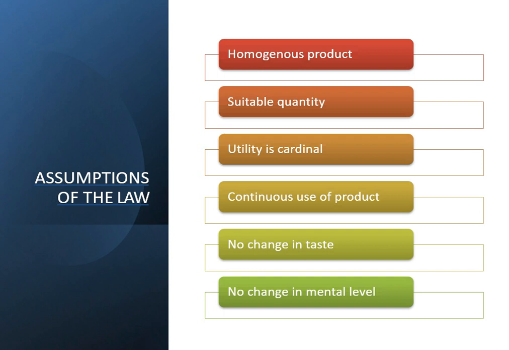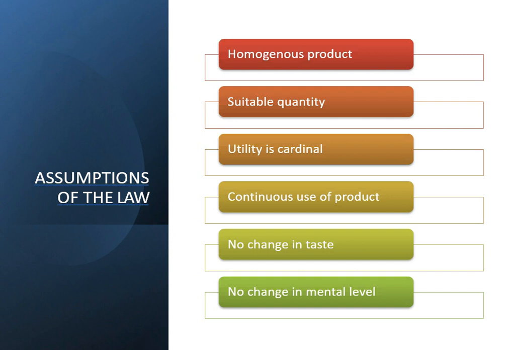The fourth assumption, which is the most important assumption, is continuous use of the product. We have to use the product continuously. If we are using one glass in the morning, then a second glass in the evening and a fourth glass at night, the glass which we used in the morning has its own advantage, and the glass which we used in the daytime has its own advantage, and the glass which we used in the evening has its own advantage.